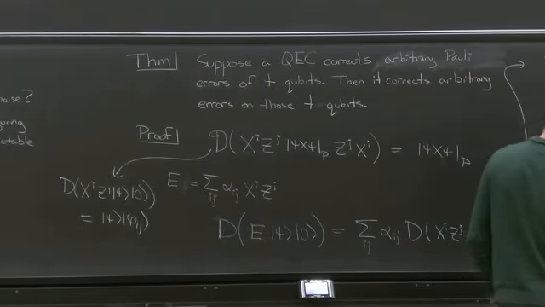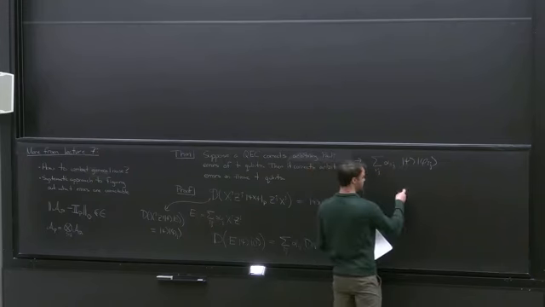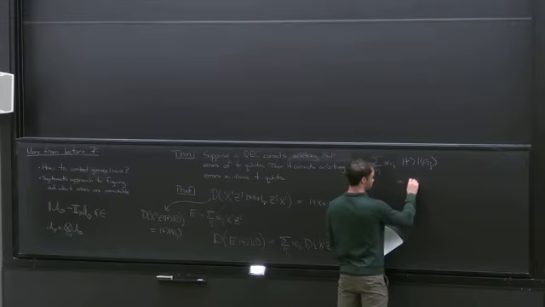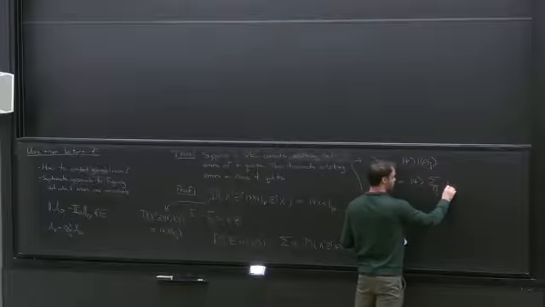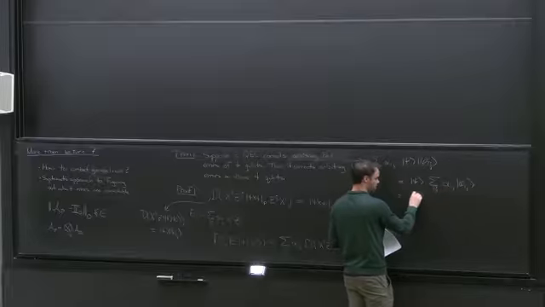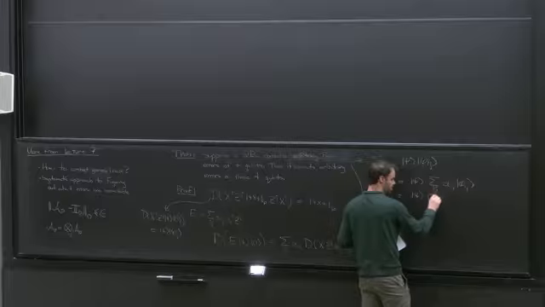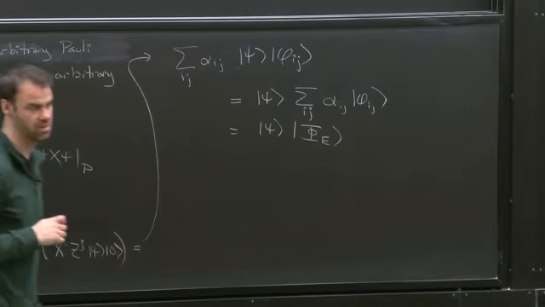Okay, and then that's good because this side didn't depend on ij. So this is also just psi, sum over ij, alpha ij, phi ij.